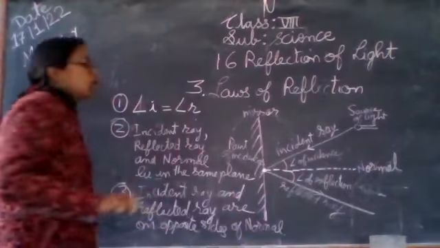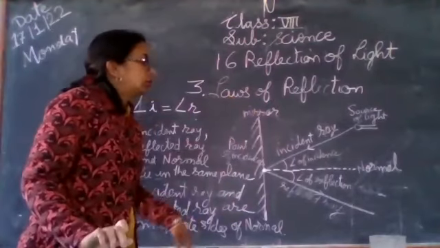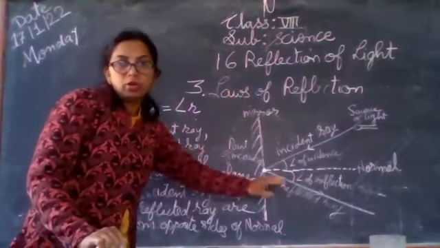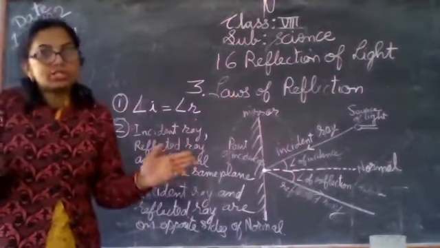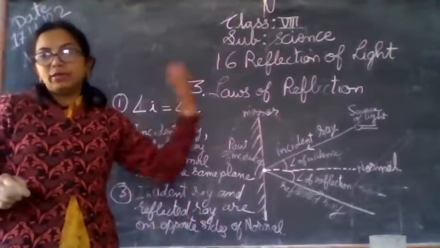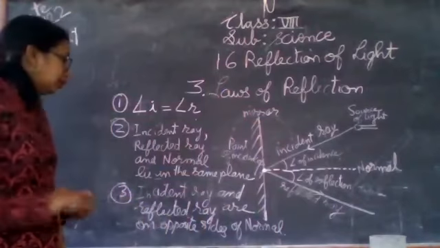They can never be on one side of the normal. Both incident and reflected ray on one side of the normal, it's not possible. They will always be on opposite sides of the normal. One upper side, one lower side, one right hand side, one left hand side, like that.